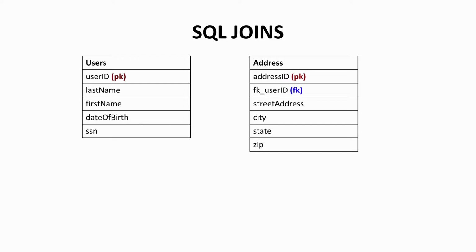So in my first table I have user ID, which uniquely identifies each user in this data set. And in the second table, I have a column called FK user ID, which allows me to figure out which user in this table has which address in this table. Does that make sense so far?